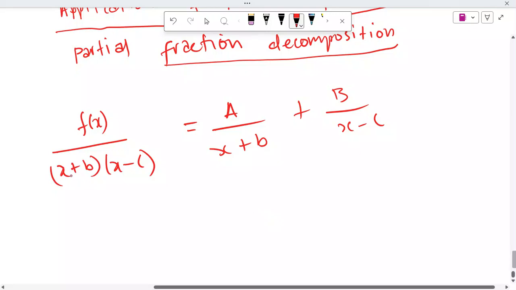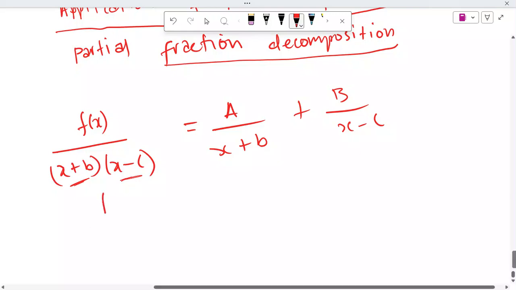Okay, so we just get this over a. The power is 1 here, so a is a constant. These are linear because the highest power of x is 1. So linear, they'll have just a constant.